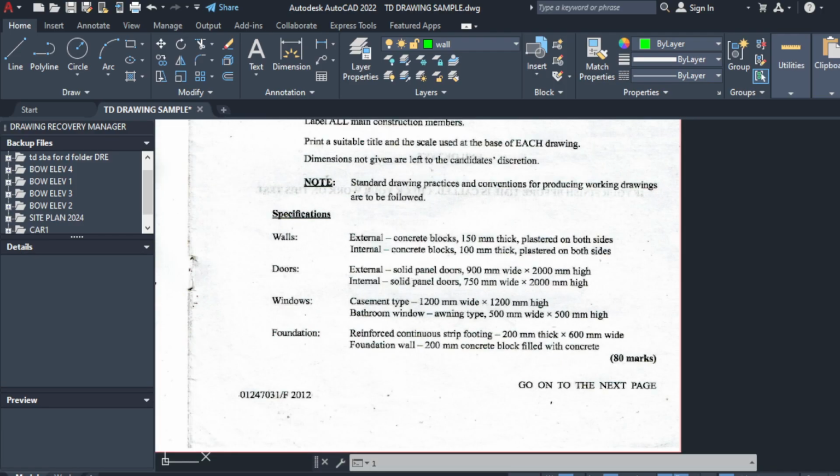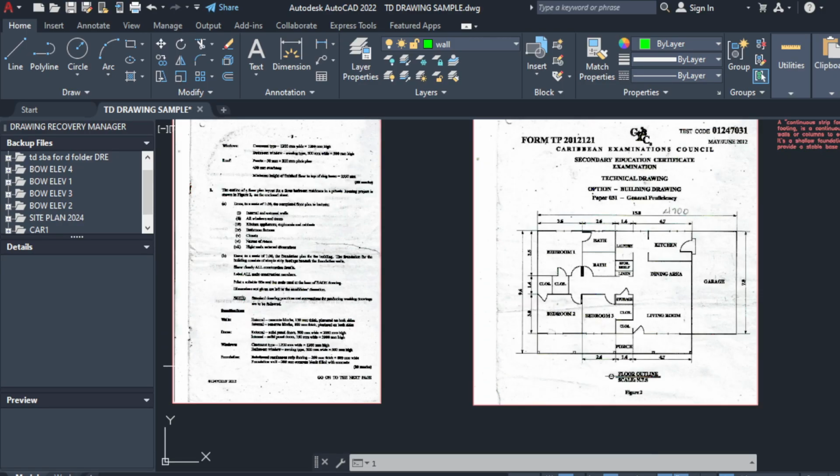Right, so let's look at what a continuous strip footing is by definition.